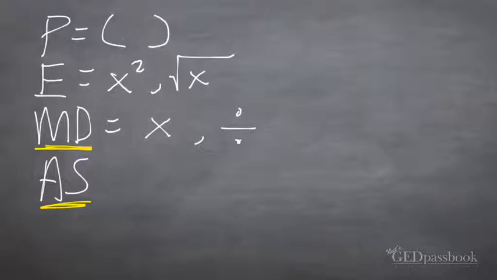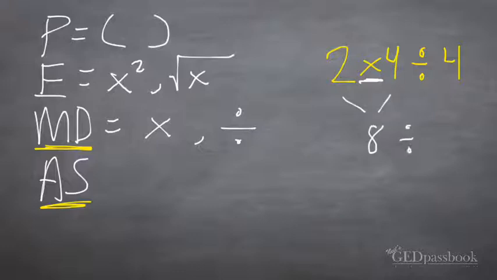So again, I'll just do this one here. In this specific case, the multiplication came first, physically. The division is the second operation that you have to do. So in this case, you will do the 2 times 4 to create 8.